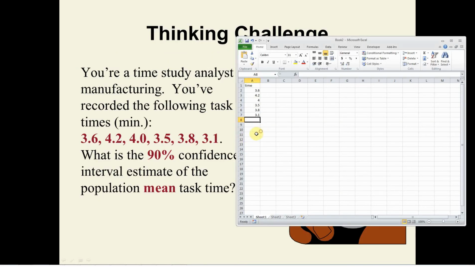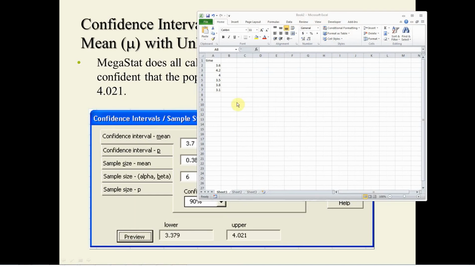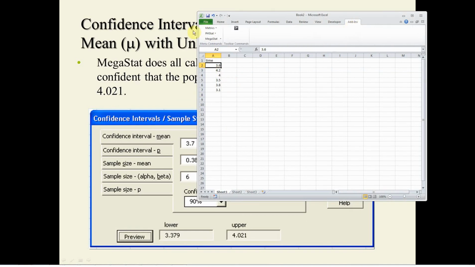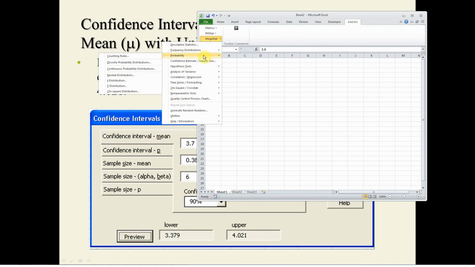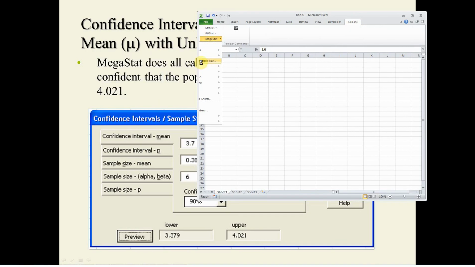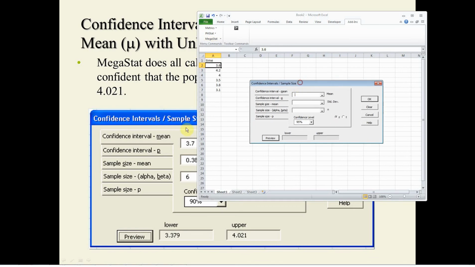Okay, so let's say I have this data, and what I want to do is go to add-ins, Megastat, and I'm looking for confidence intervals and sample size, and it brings up this window.